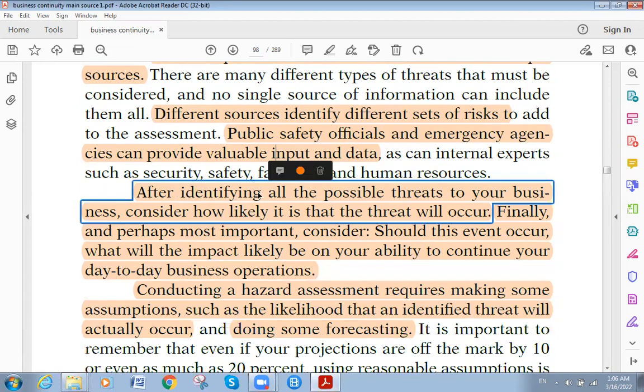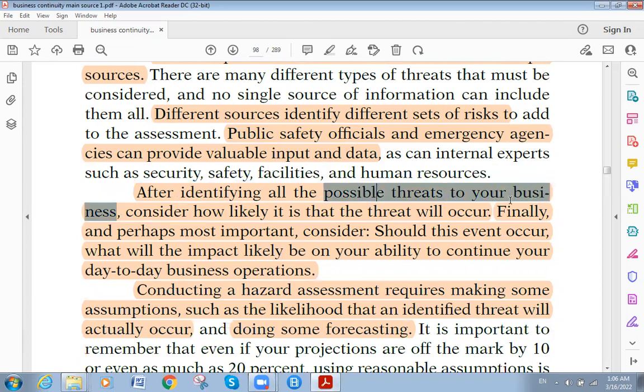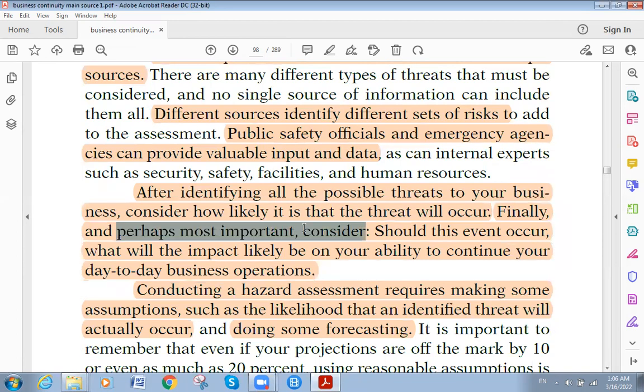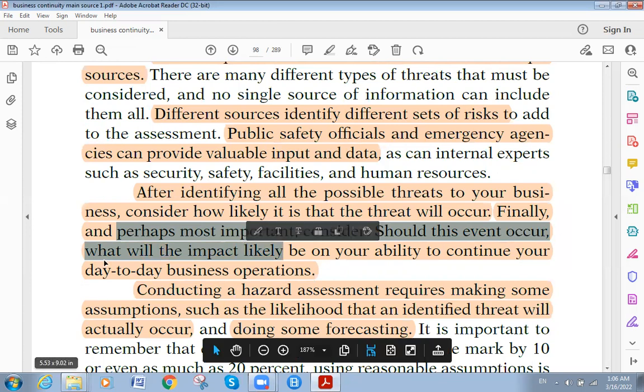After identifying all the possible threats to your business, consider how likely it is that the threats will occur. Finally, and perhaps most important, consider, should this event occur, what will be the impact? So you will say to yourself, what if analysis?